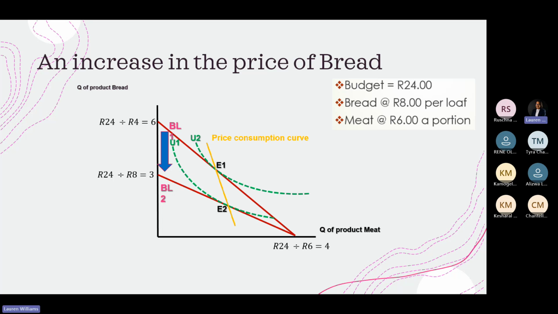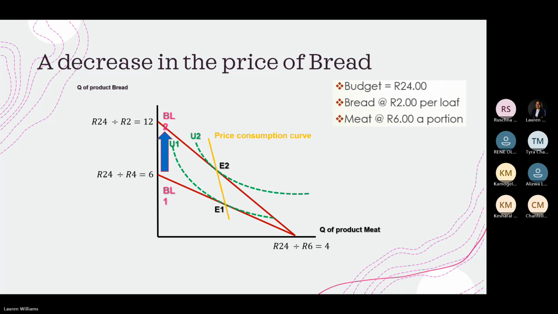Okay. As long as the line is straight, regardless of what angle it's at, we will give it to you. And then same if the price of bread decreases. So essentially the price of bread got cheaper, and therefore you can consume more. Get your new intercept points for your budget line.